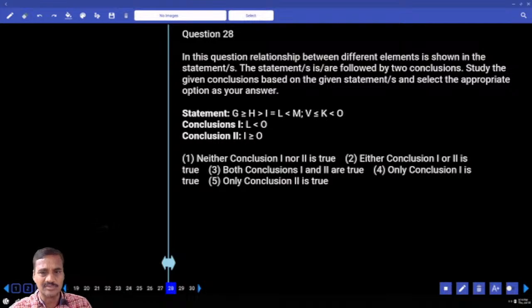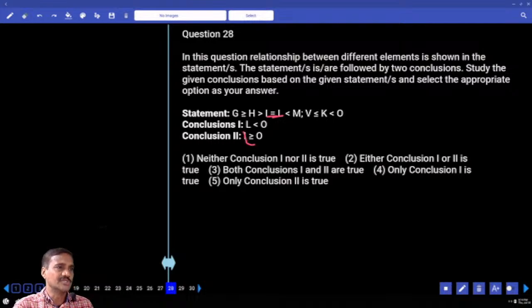As no letter is common, we cannot combine these two. As you cannot combine these two, we cannot determine the relation between these two. We cannot combine them, so what can happen? L can be lesser than or L can be greater than or equals to. Isn't it? Now here, I and L are one and the same. In the place of I am taking it as L.